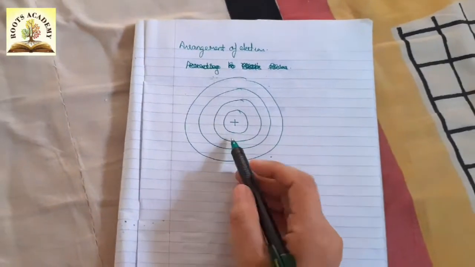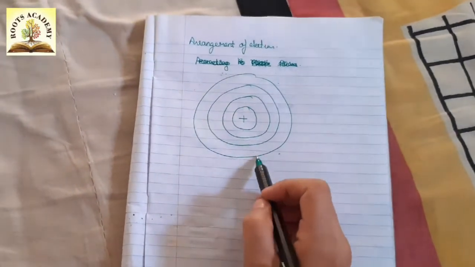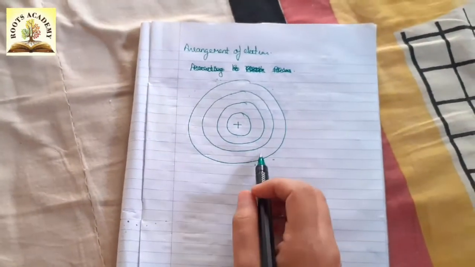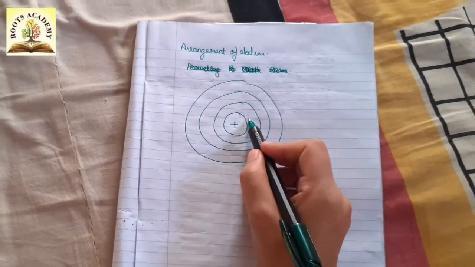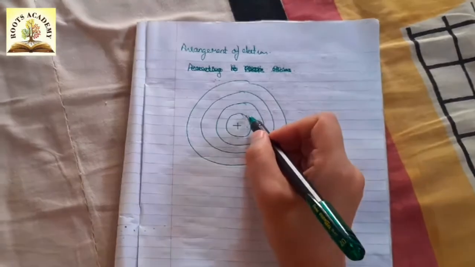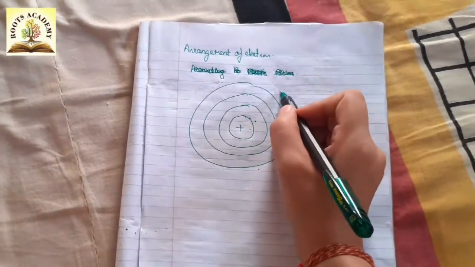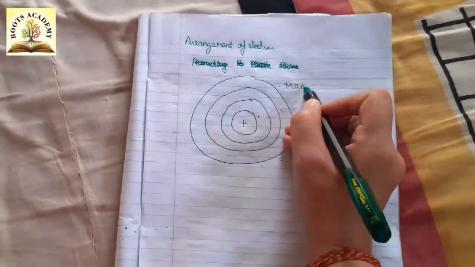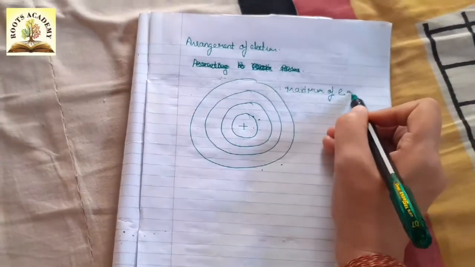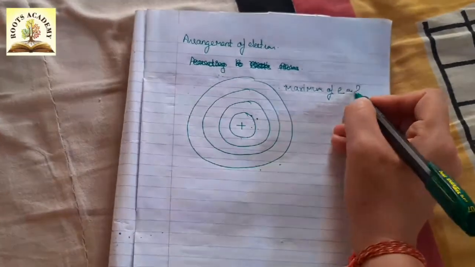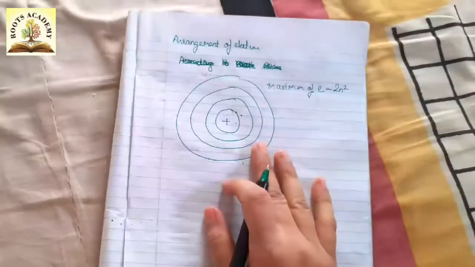Now we know that in an atom there are a number of shells, and the electrons are present in the shells. The maximum number of electrons present in an orbit is given by the formula 2n².